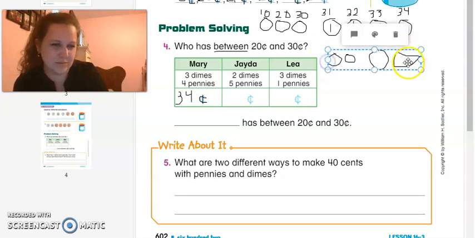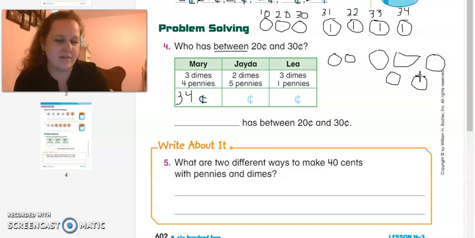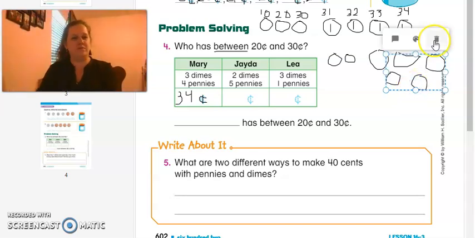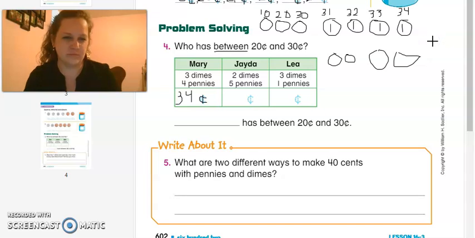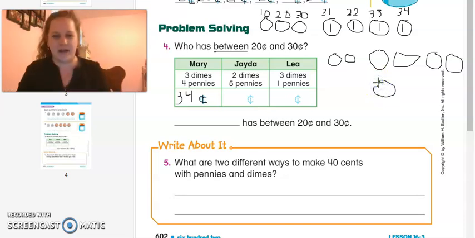Oh well, that penny's gonna stay how it is. 1, 2, 3, 4, 5. Sorry, I'm trying to fit this all in so it's easy for you guys to see it. 5 pennies.